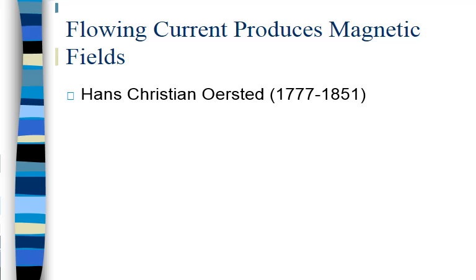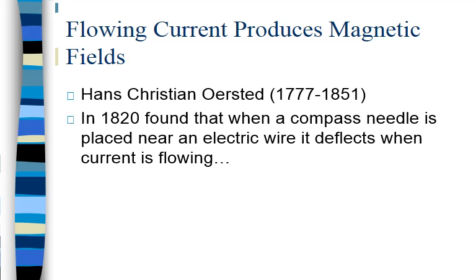So one of the powerful things that happened once the battery was created was that all sorts of experiments were able to be performed, and Ørsted was able to discover this, and it's kind of neat.